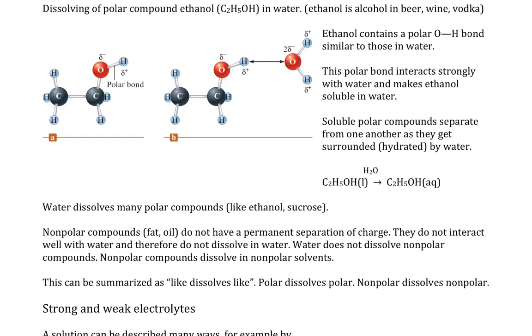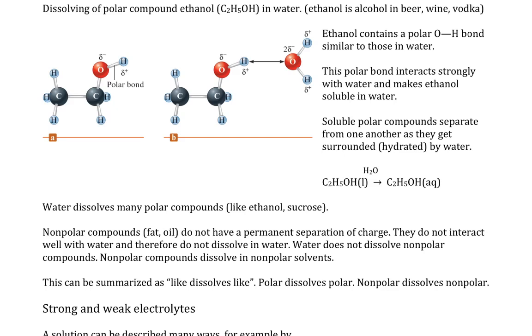Dissolving of polar compounds like ethanol in water. Ethanol is the alcohol in beer, wine, vodka, etc. So ethanol is shown in diagram A. It's C2H5OH. It has an OH group. That's a lot like the OH portion of water.